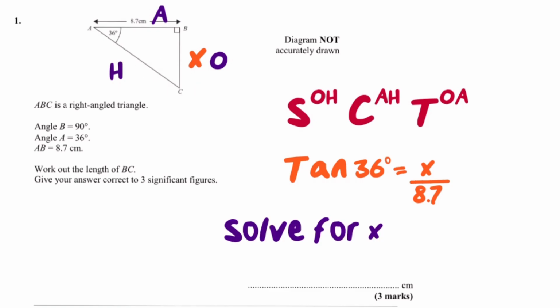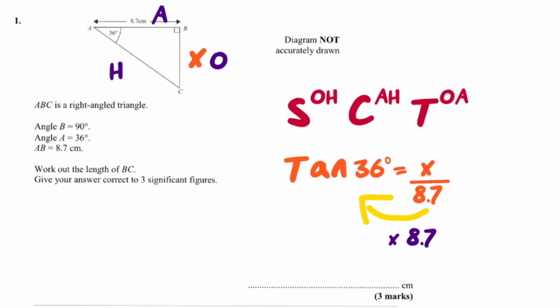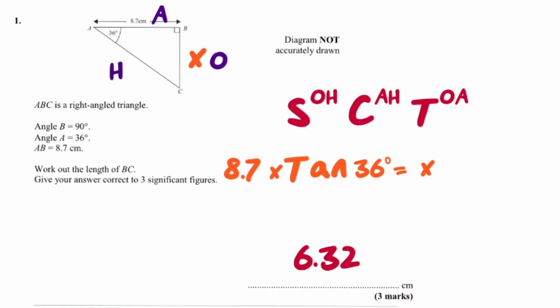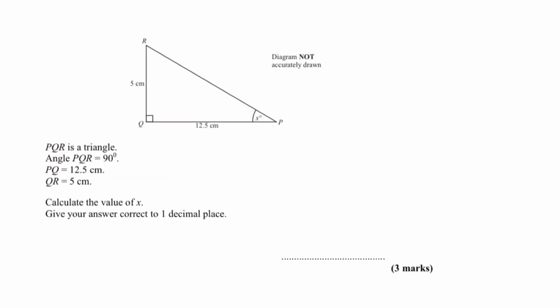Now what we have to do is solve for X. So we have to try and get X on its own. So what do we not want? We do not want this 8.7. So let's times this across to the other side. And our equation is now 8.7 times tan 36. If we put this straight into our calculator, we will get 6.32, which is rounded to three significant figures.